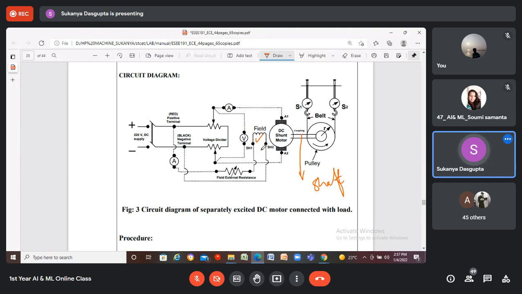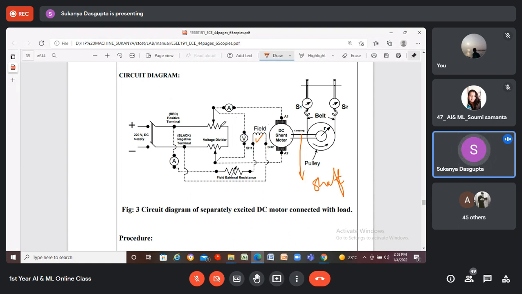this experiment. So the device under test is the DC shunt motor, and the equipment required is DC supply, ammeters, two ammeters actually. One will measure the field current, right? And this field winding is connected with this ammeter via a field external resistance. That means a rheostat is there, by controlling which you'll be able to control the field winding current.